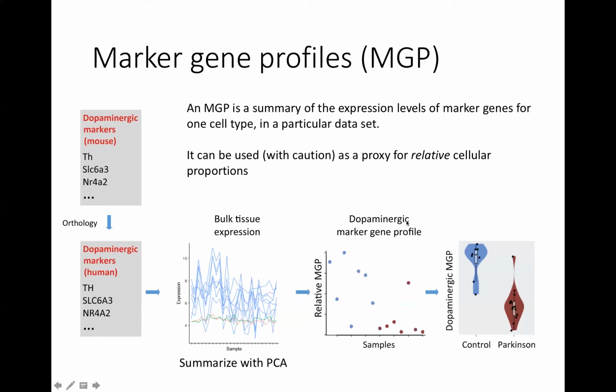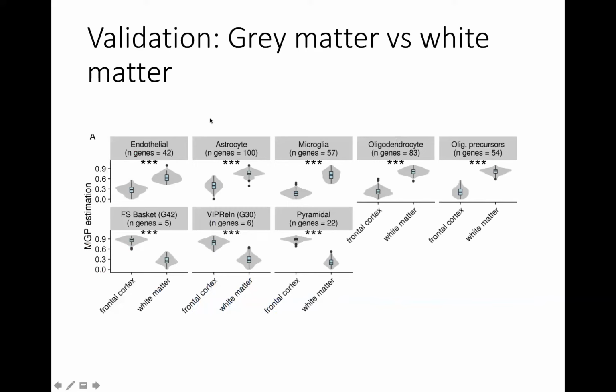And of course, you can generate this for a bunch of different cell types at once and look at them. So these can also, as I mentioned, be used as covariates in an analysis if you want to correct for this and look for changes that might be happening in addition to cellular proportion changes.